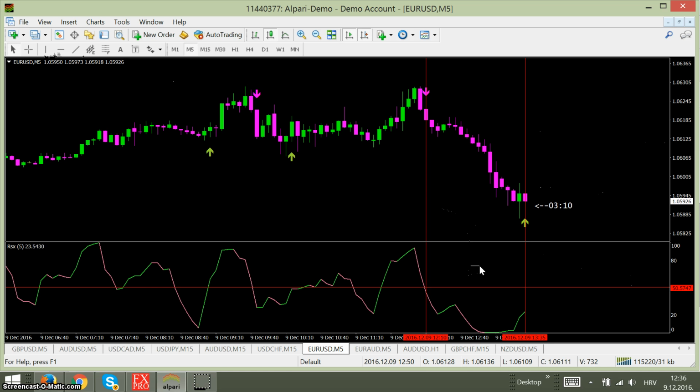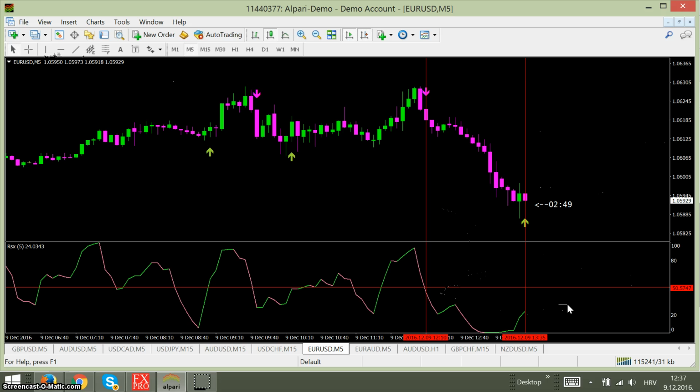arrow, pink arrow, and the pink line on RSX indicator cross down through red line, and it is a confirmation.